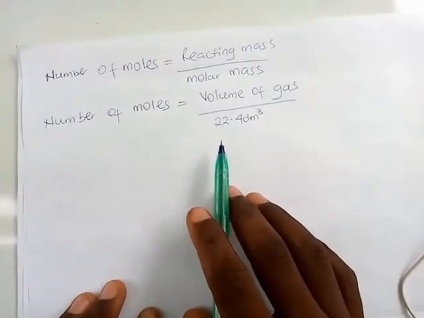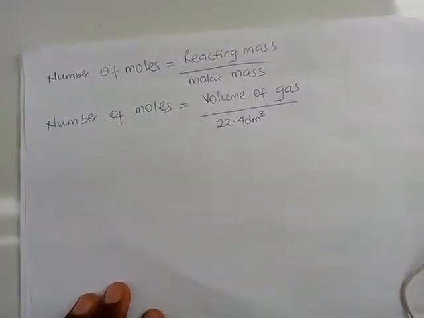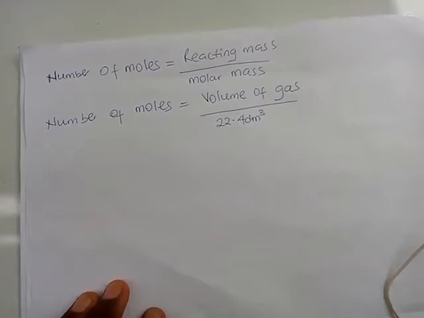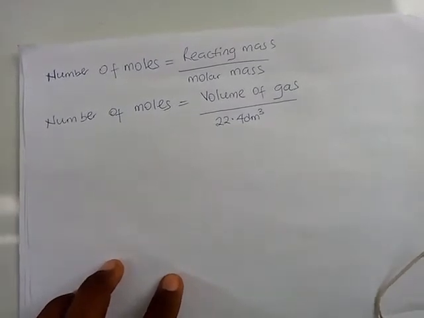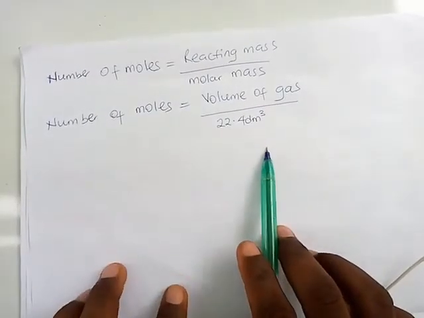This particular formula, or this relationship, came out of the statement that 1 mole of a gas at standard temperature and pressure, that is STP, is equal to 22.4 dm cube. So it's out of that this relationship was derived.